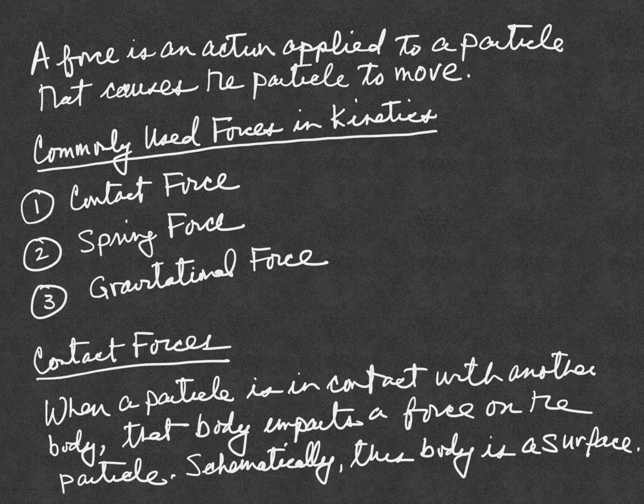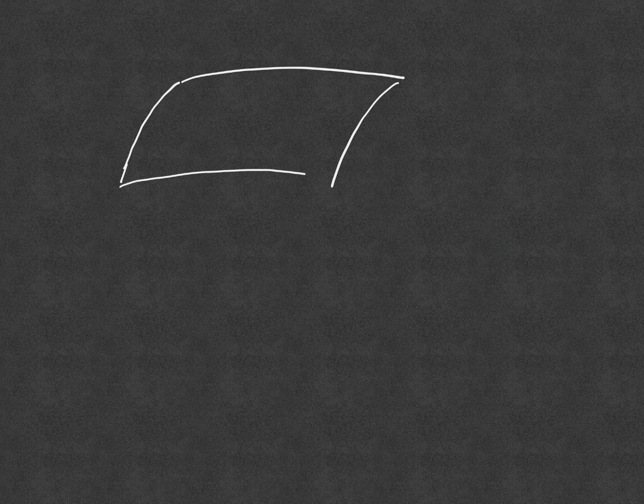So here's what it looks like. So imagine that I have this object which is schematically going to be denoted as surface. Now this surface is in contact with a particle, P, which is of mass m. Now that surface, because it's in contact with the particle, is going to impart a force, as I said.